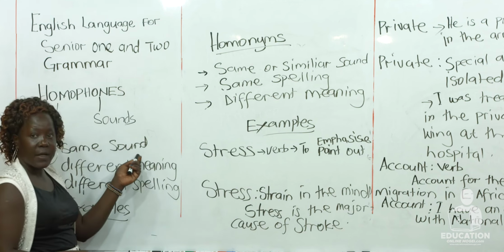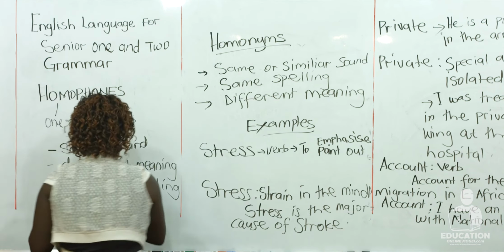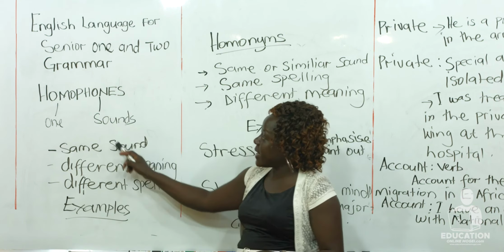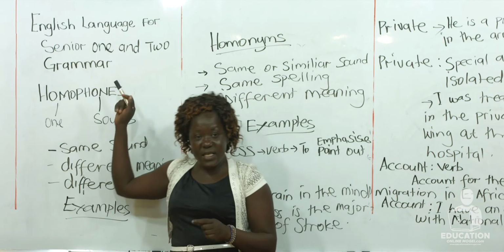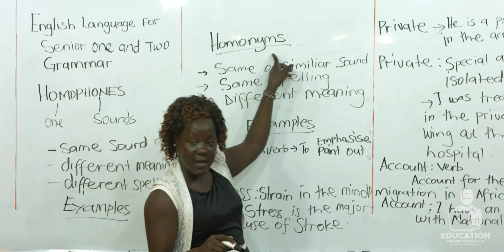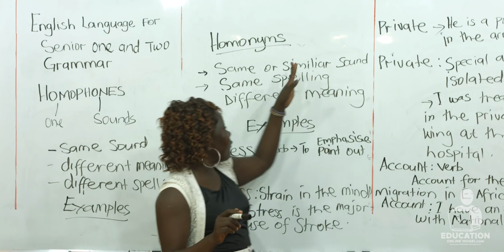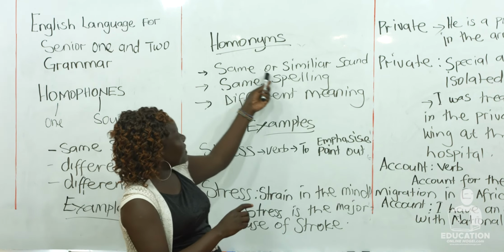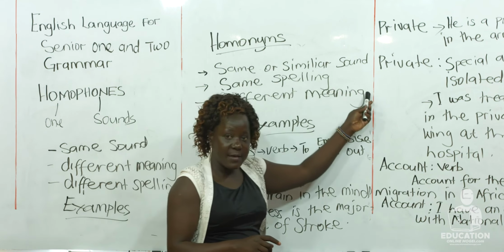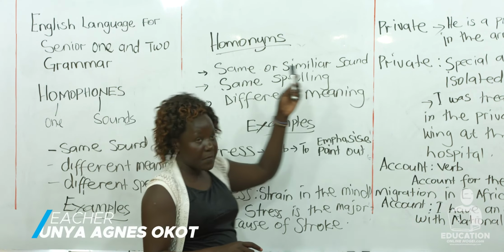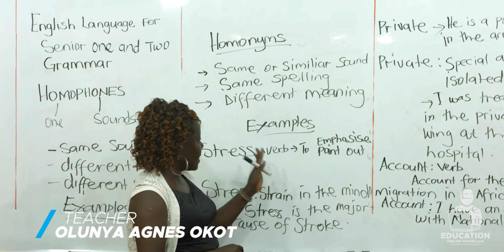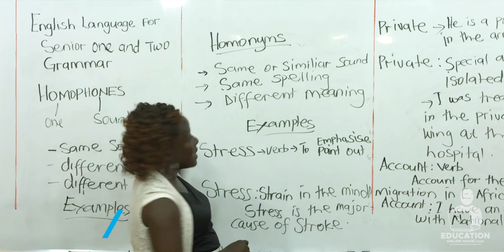Same sound, different meaning, different spelling. But there is a special homophone called homonyms. Under homonyms, this is the formula. Same or similar sound, same spelling, different meaning. Then you will have no problem in using homophones in the English language.